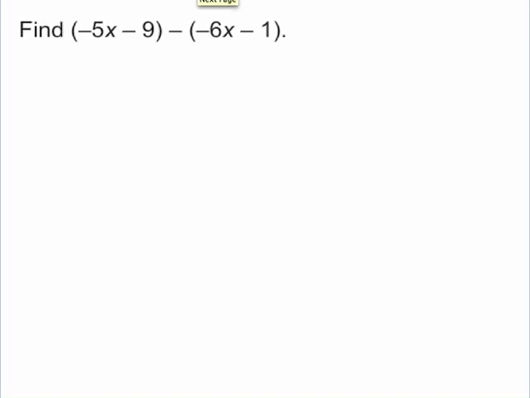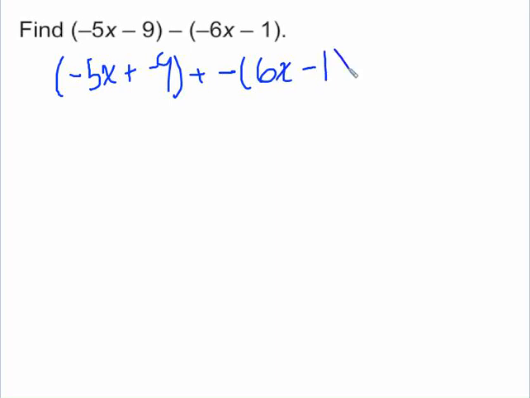Alright, so another example that's like example 2. So I would say again, pause the video and try ahead of me. And let's see if you got the answer right. So again, we're going to start by rewriting this as an addition problem. So it's going to be negative 5x plus negative 9 plus negative 6x minus 1.